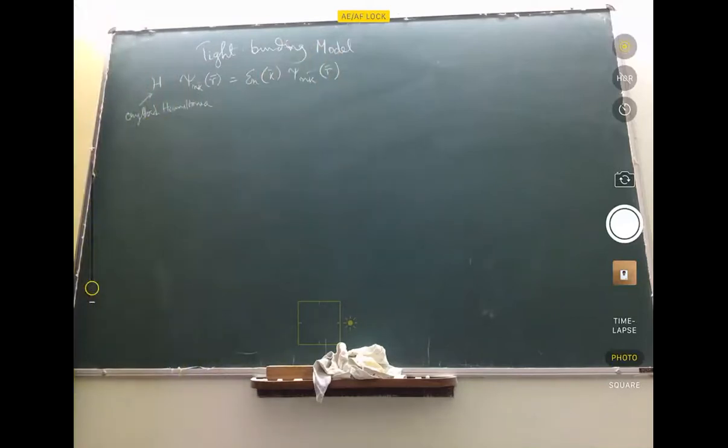This is the Schrodinger equation for the crystal Hamiltonian that we need to solve. So we'll do it for solids, but before that, let me just try to introduce some ideas.